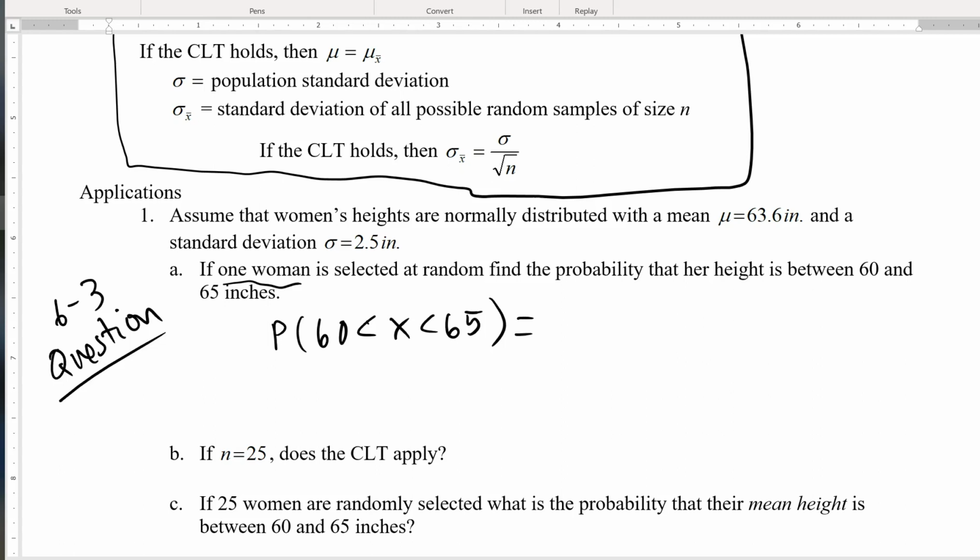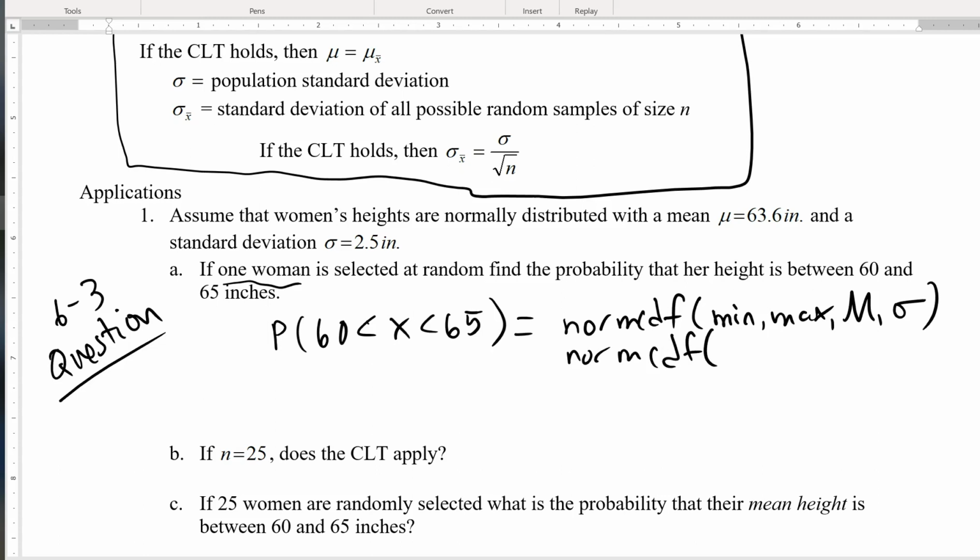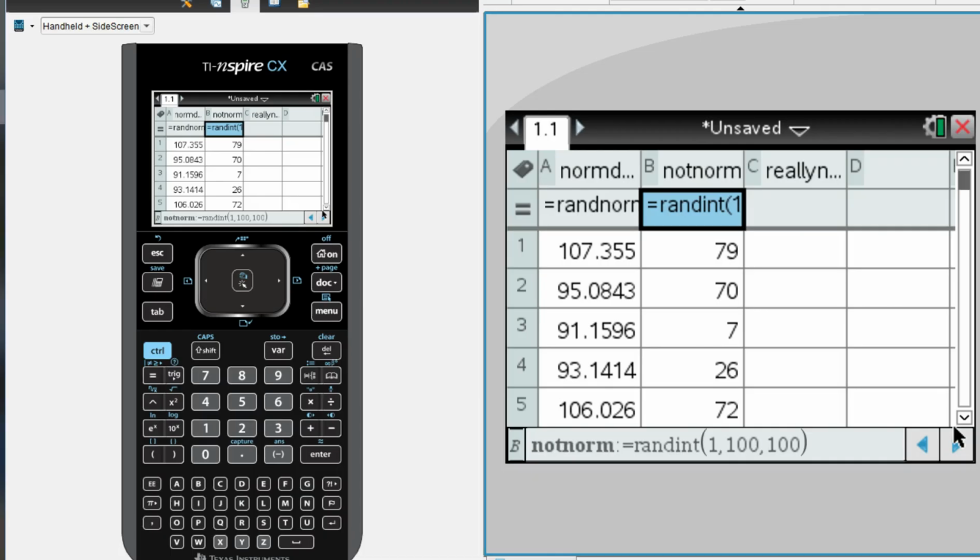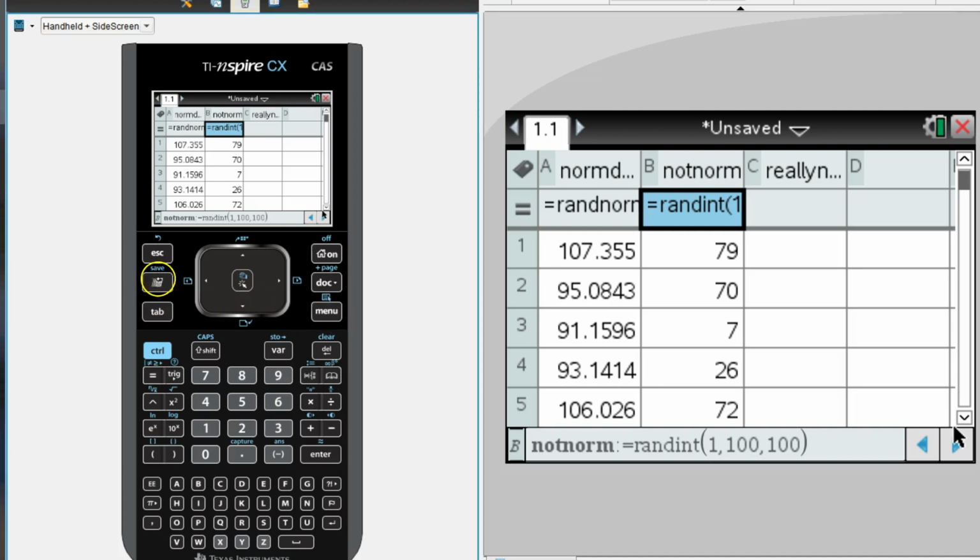This is going to be norm CDF: min, max, mean, standard deviation. So norm CDF, our minimum is 60, our maximum is 65, our mean they gave to us was 63.6, and our standard deviation was 2.5. So this is not new. Let me get a calculator page here.